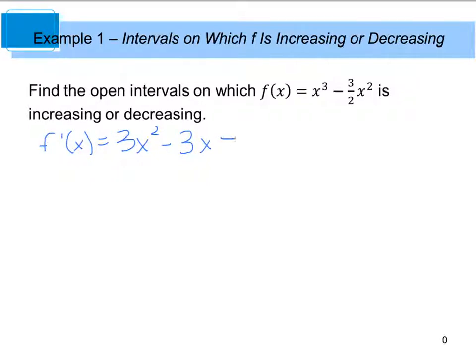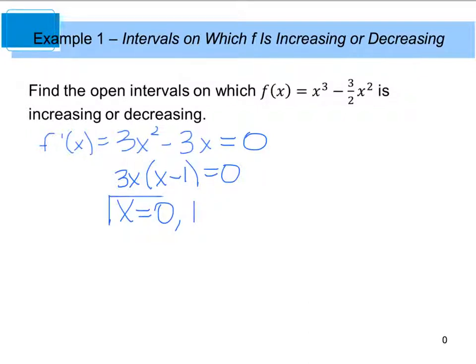Then we're going to want to set this equal to 0 so that we can solve for our critical numbers. So I can factor out a 3x, and that leaves me with x minus 1 equals 0. And my critical numbers then are going to be when x equals 0 or when x equals 1. And because the derivative of f has no points in which the function cannot exist, our only critical numbers in this case are going to be 0 and 1.